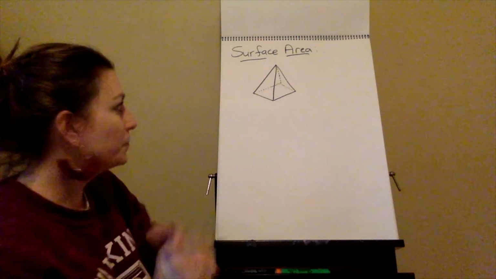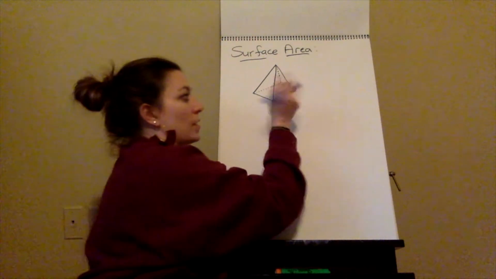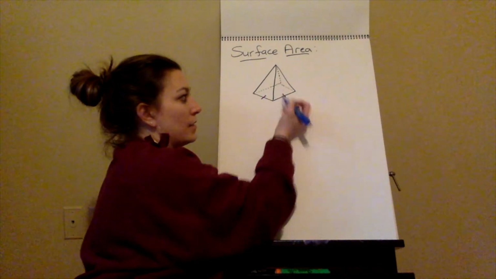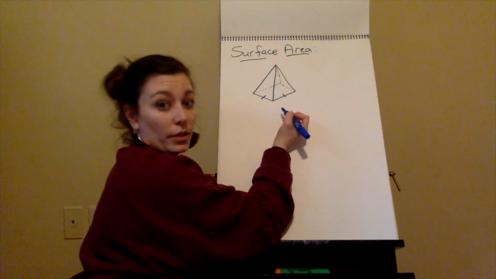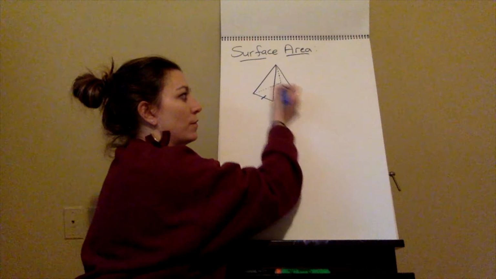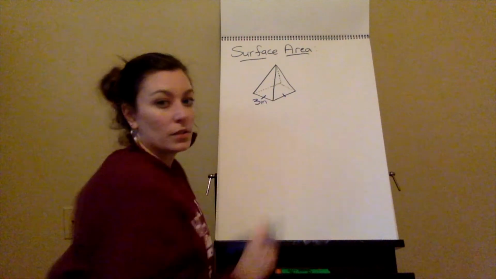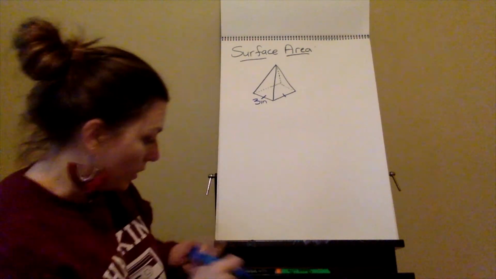Okay, so we're going to have a couple different measurements. So remember, if this is a square, these sides are all going to be equivalent or equal, right? Good job. So we'll say that the side for each of the bottom pieces is 3 inches. Okay.